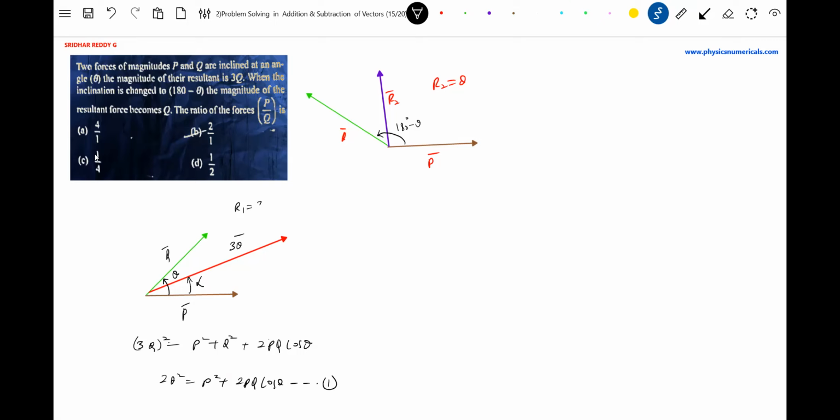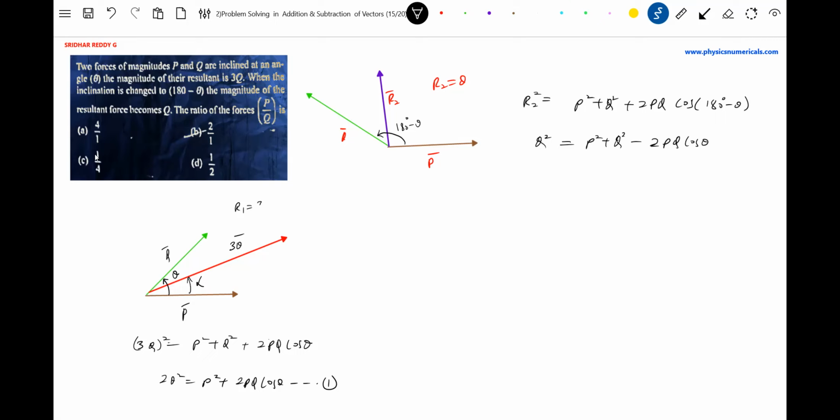Now similarly on this side, with 180 minus theta, R2 square equals P square plus Q square plus 2PQ cos of 180 minus theta, which is minus PQ cos theta.